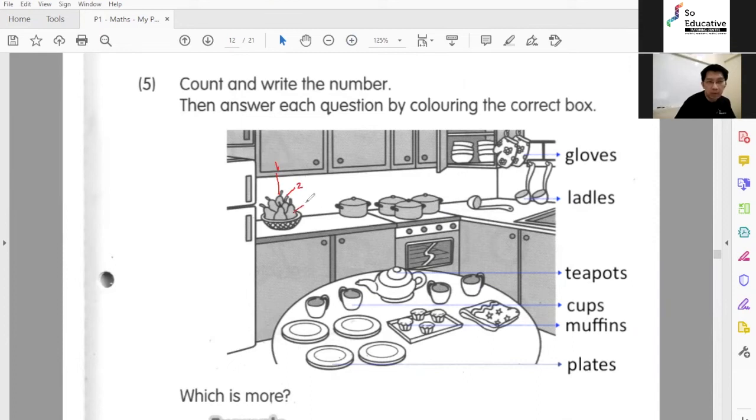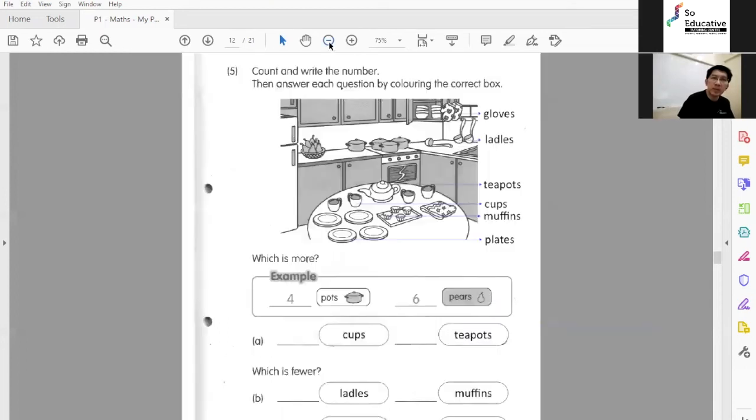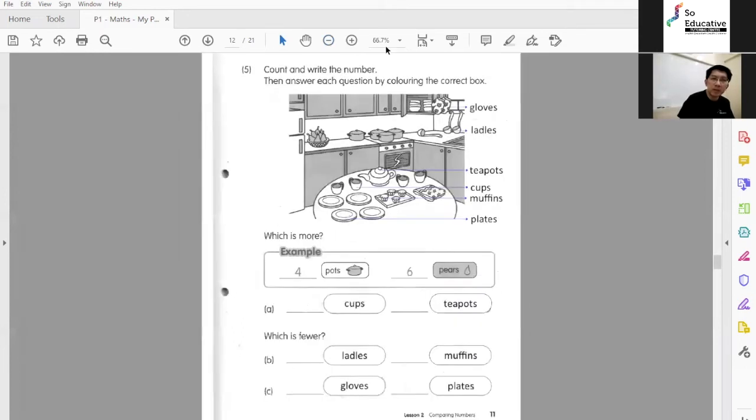That one, 3. This one, 4. That one, 5. And finally this one, 6. Okay, so there are 6 pears in that basket. That is why 6 is written here.